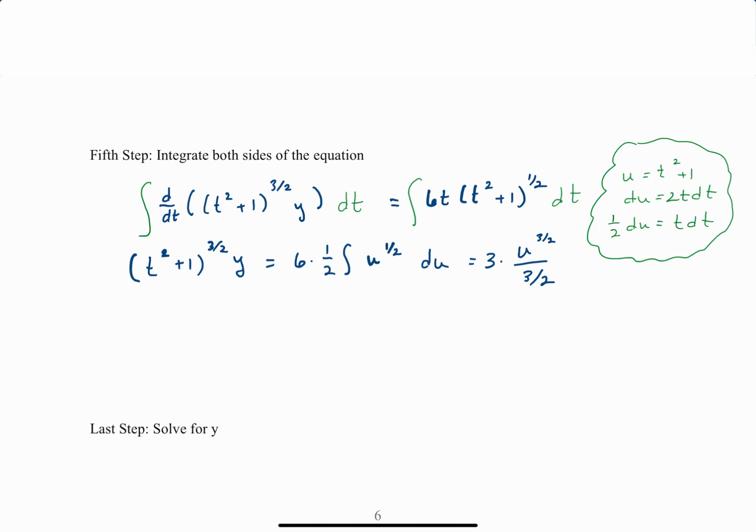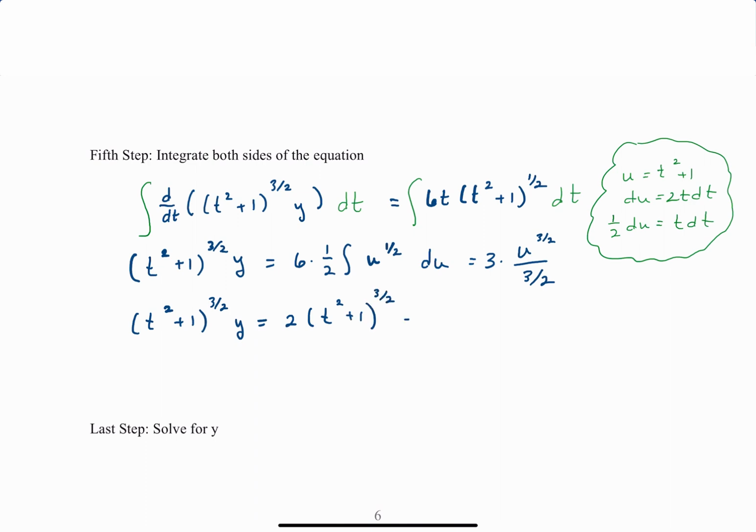So at this point we have (t squared plus 1) to the 3/2 y equals 3 divided by 3/2 is going to be 2, just invert and multiply. And then I have u to the 3/2, but u was just my name for t squared plus 1.